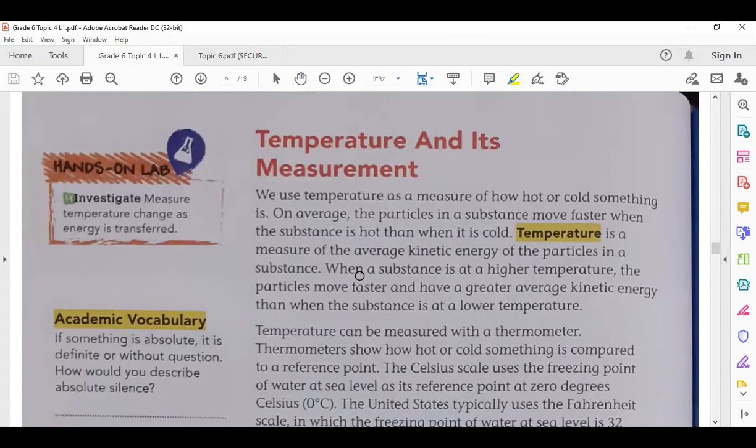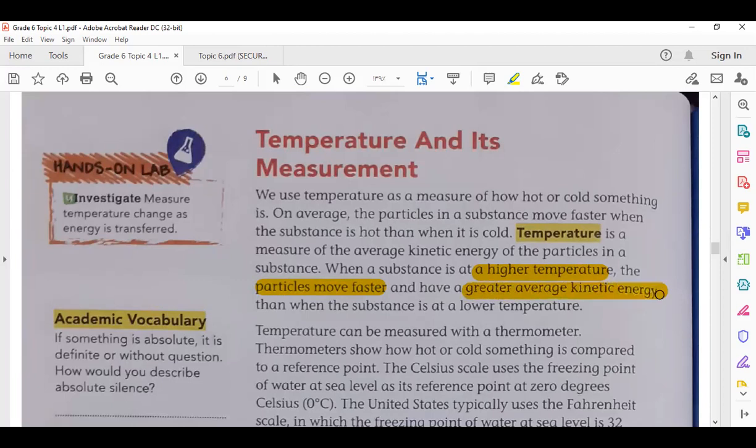When a substance is at higher temperature, that means the particles are moving faster, and anything that is moving faster has a greater average kinetic energy.